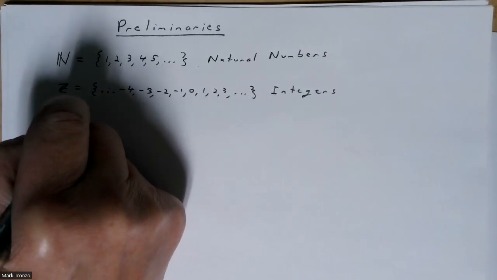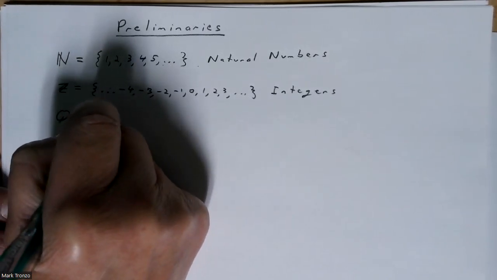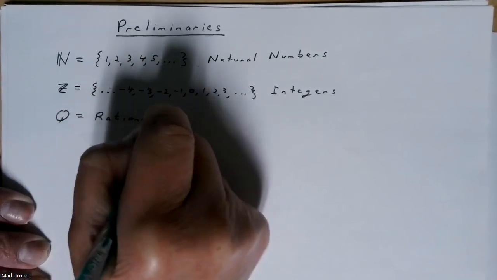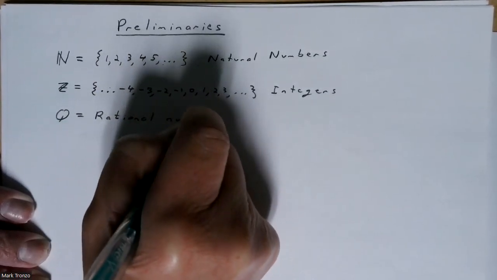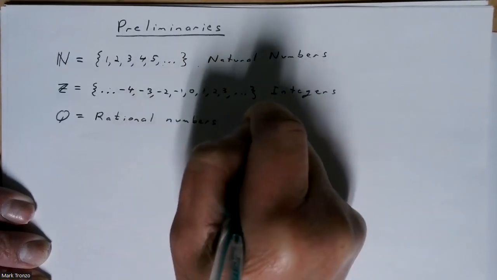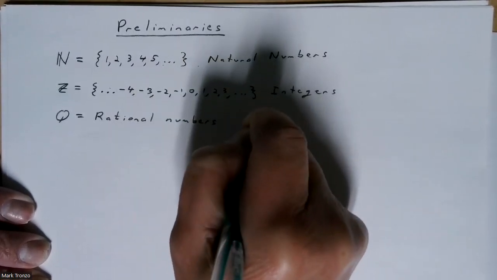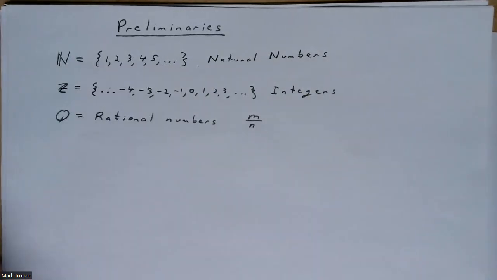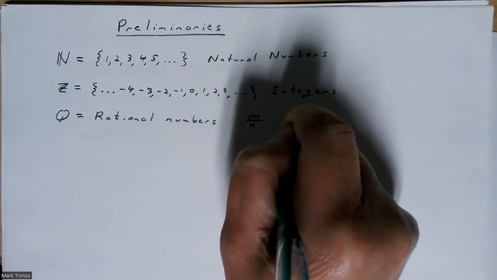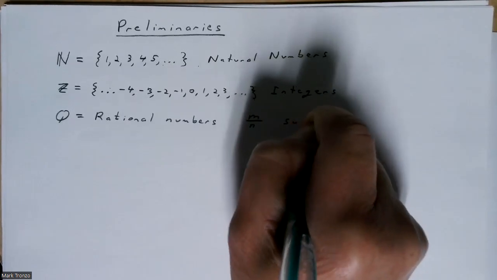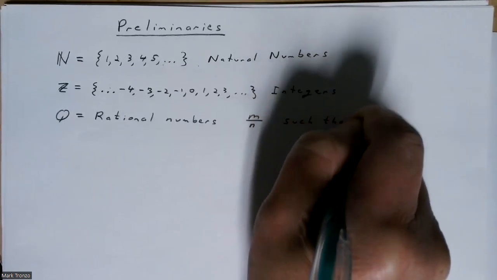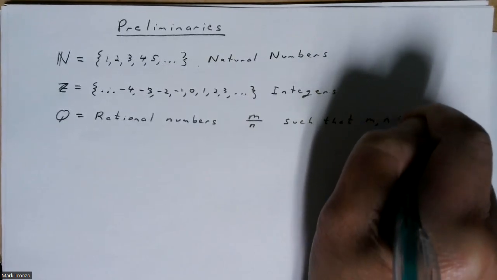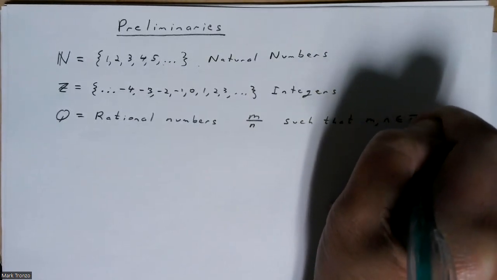And Q represents rational numbers. That's numbers of the form, say, m over n, such that m and n are integers.